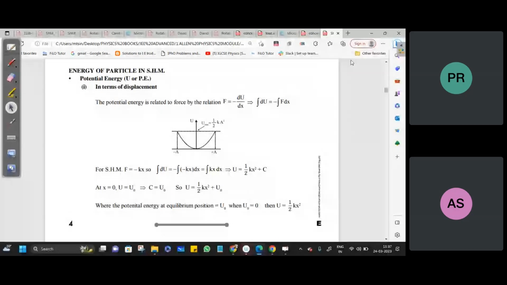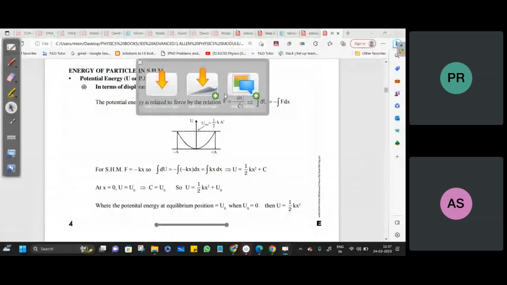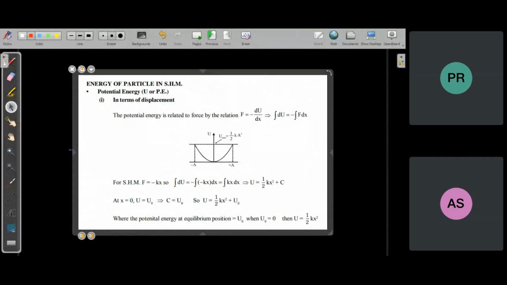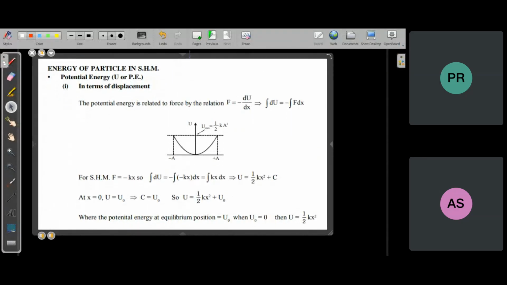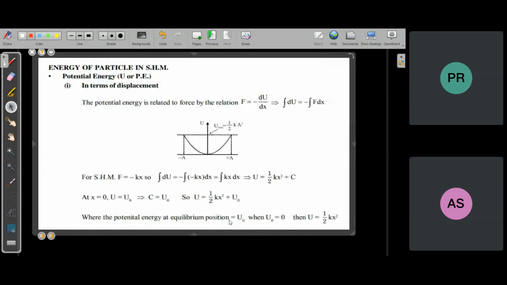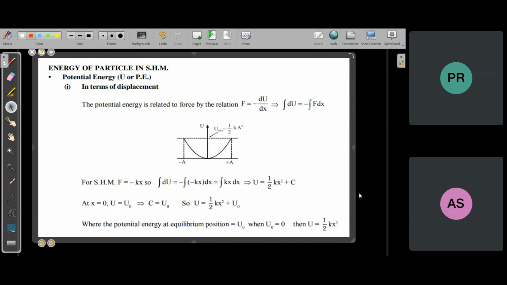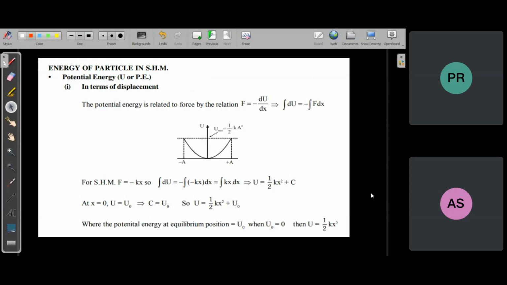Okay. Now we are going to talk about the energy of a particle in SHM. Here you have to understand that a particle which is doing SHM is in a stable equilibrium at the mean position, because when you displace the particle a little bit from the mean position, it returns back towards the mean position.